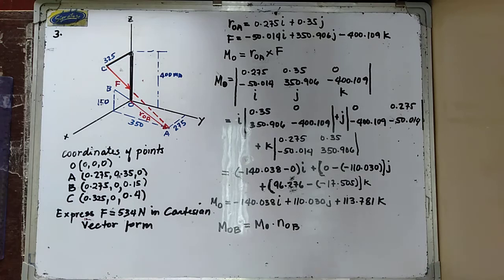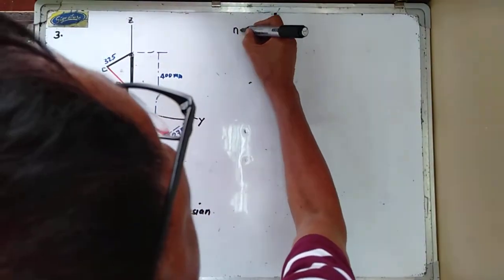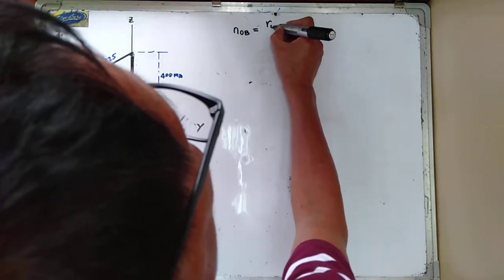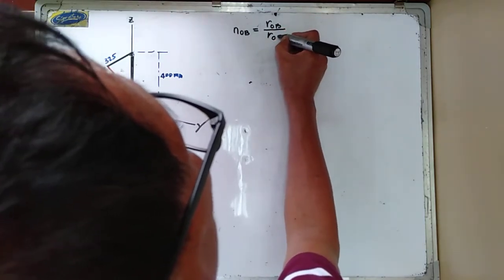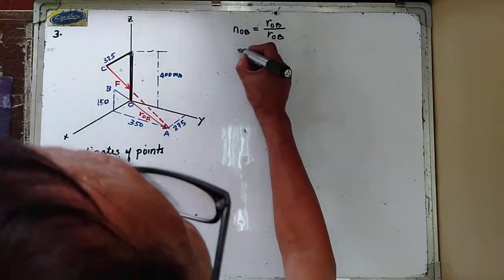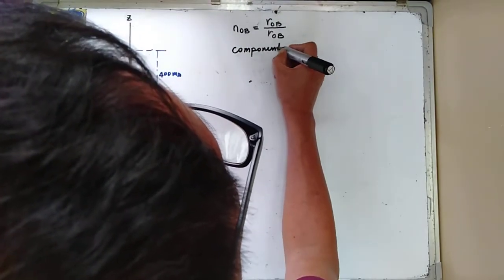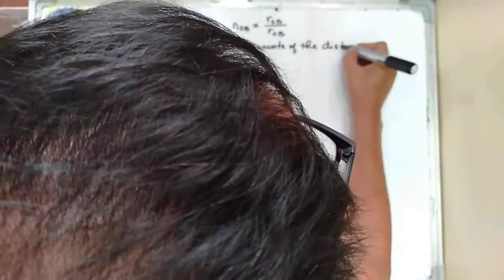So let us try to determine this unit vector OB. Now, the unit vector OB is equal to the vector distance OB all over the magnitude of this vector distance. So first, let us determine the components of the distance OB.